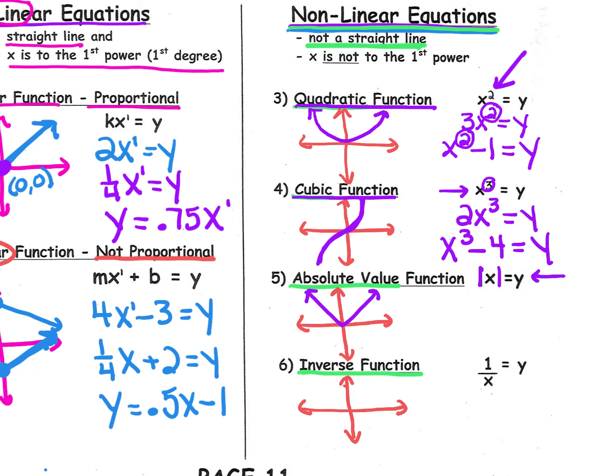Or you might have something like this: 2 times x, and we take the absolute value of that, equals y. Or you can have the absolute value of x plus 1 equals y. If you see the absolute value symbol in the equation, you know you have an absolute value function on your hands.